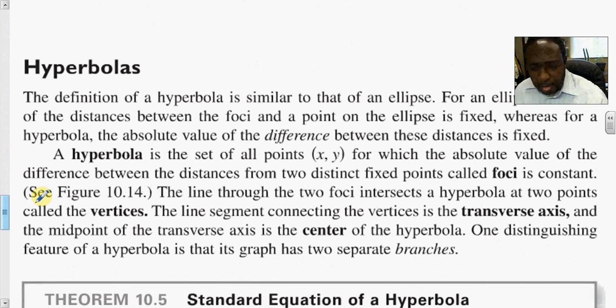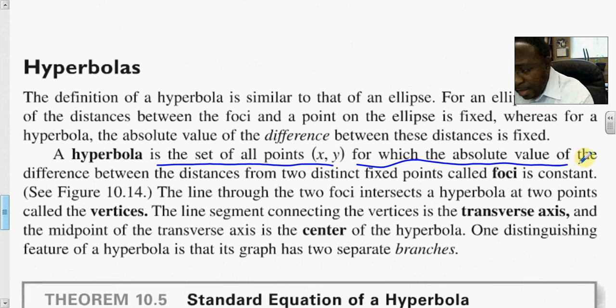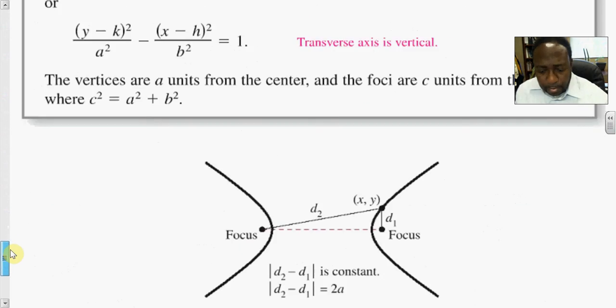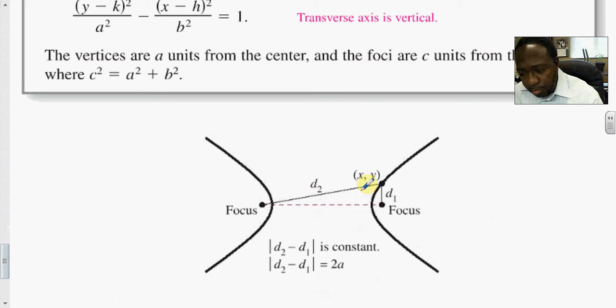The hyperbola is the set of all points where, instead of adding the distances, we subtract and take the absolute value. So the absolute value of the difference between the distances from a point to the two fixed foci is constant.